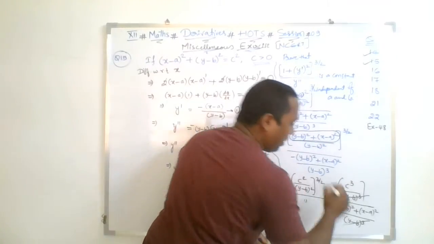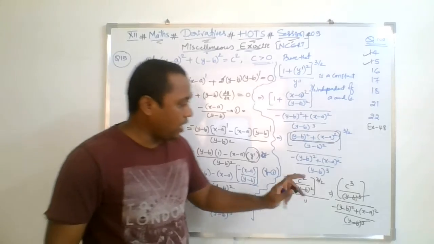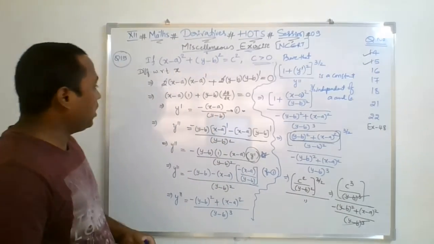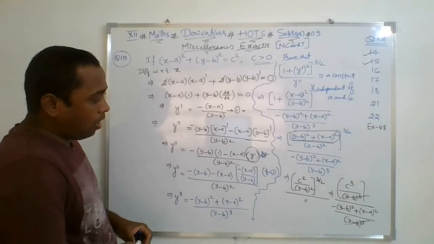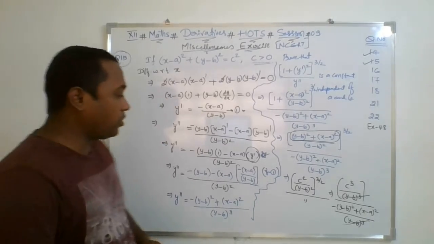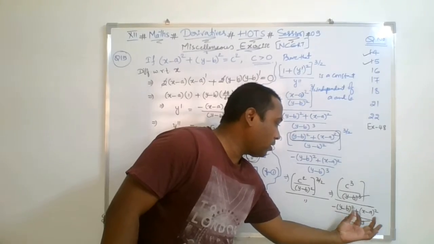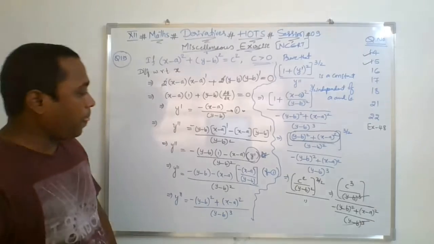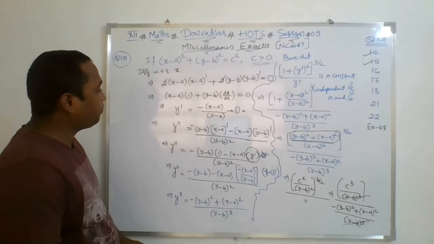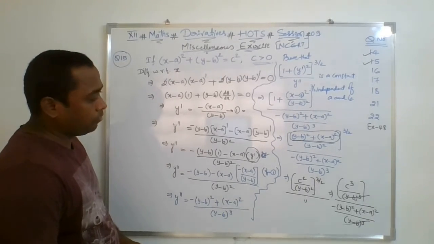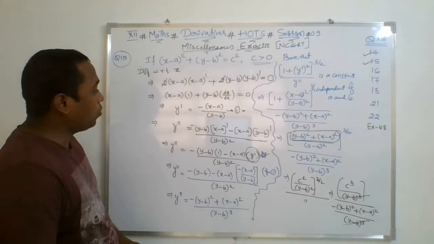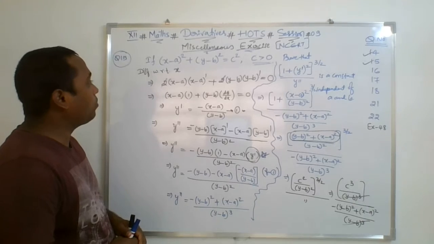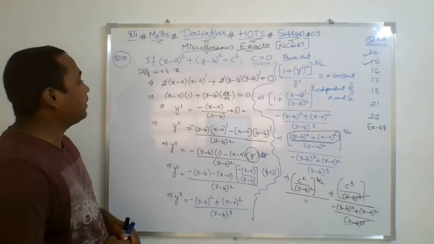So the denominator also gets cancelled. We are left with c cube upon this expression. Now the question is how you will be able to reduce this expression in terms of c, because we are having this, and there is no way to do that. If I do the squaring here, no possibility at all.